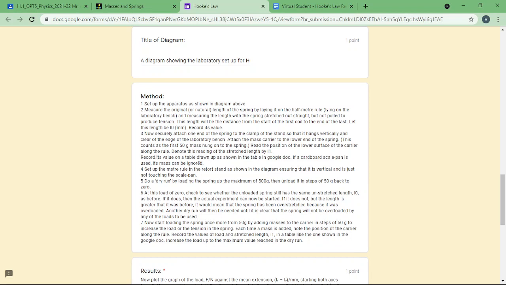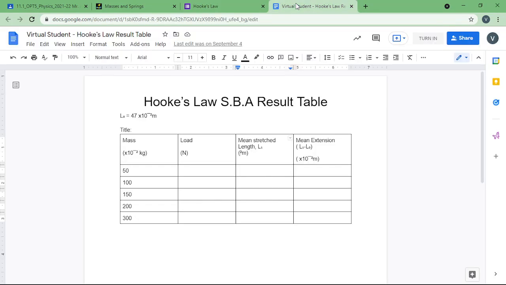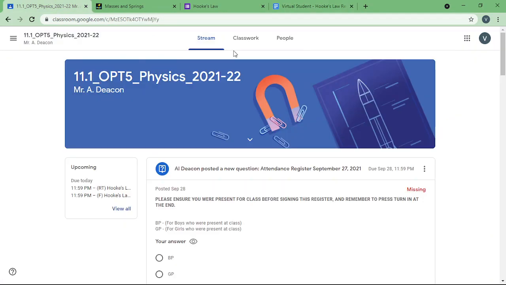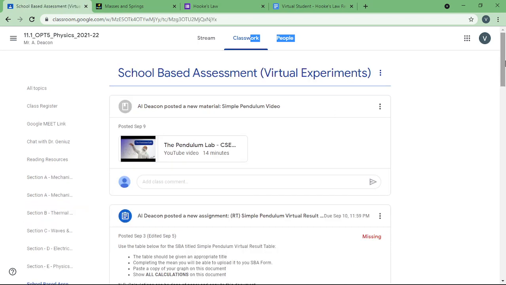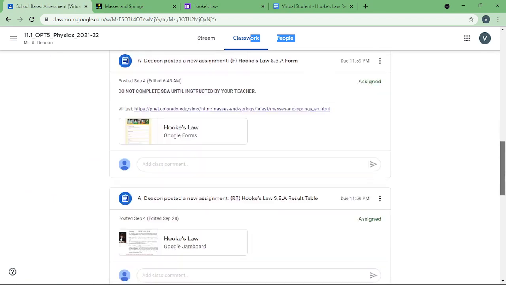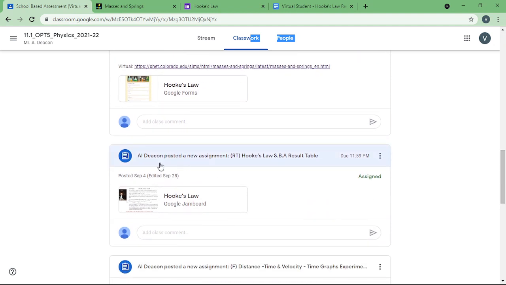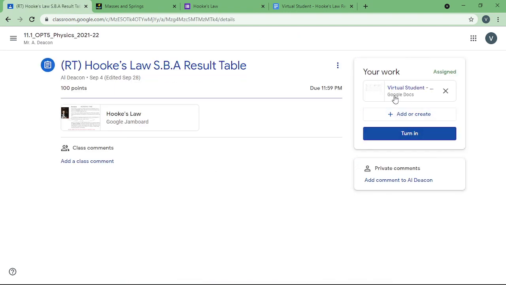Record this value in the table in the Google Docs. So see, we have our Google Docs. It is open here. We had gotten it. So in this case, the teacher had uploaded it here. All right, you go here, you'll find the doc here, and you'll find information on the Jamboard there.